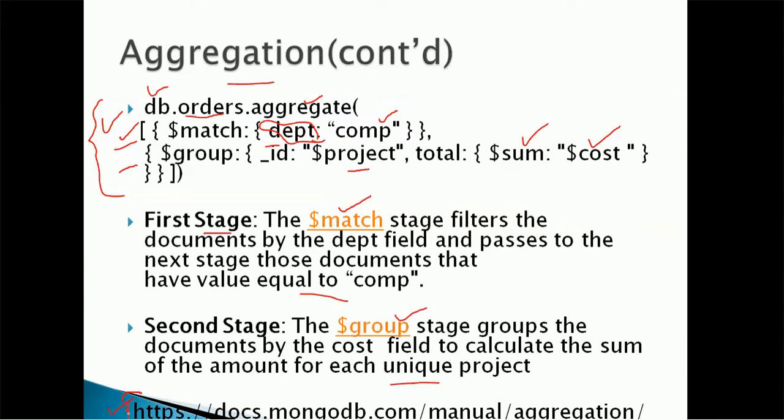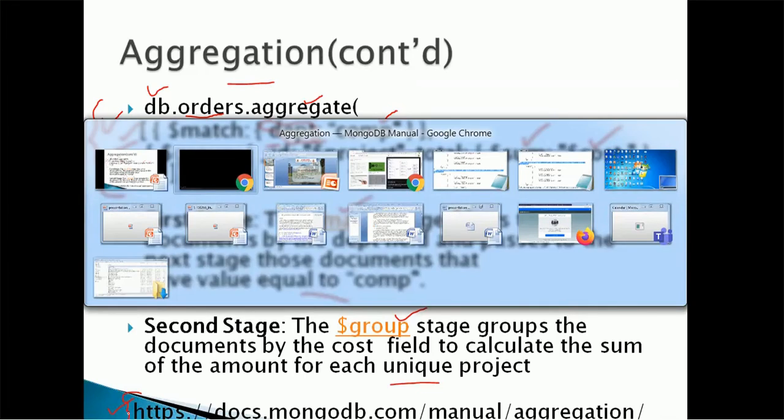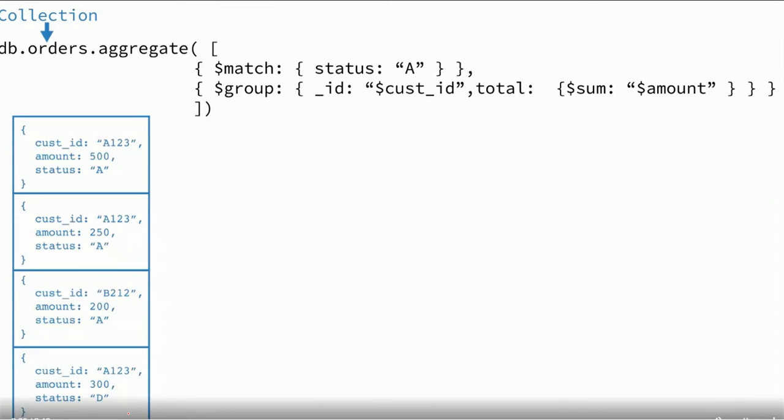Now let's see one video which is available on this particular site. You can note this site. I'm going to play that video to give you an illustration of how this aggregation works. So this is an aggregate which matches on status A, groups by customer ID, and finds the sum of amount.